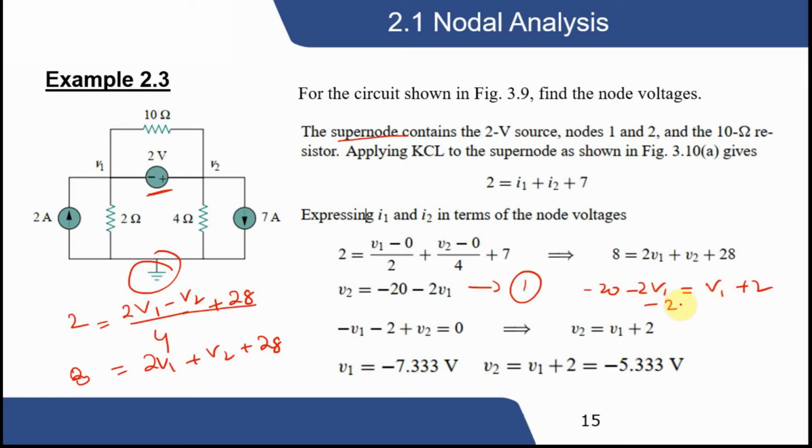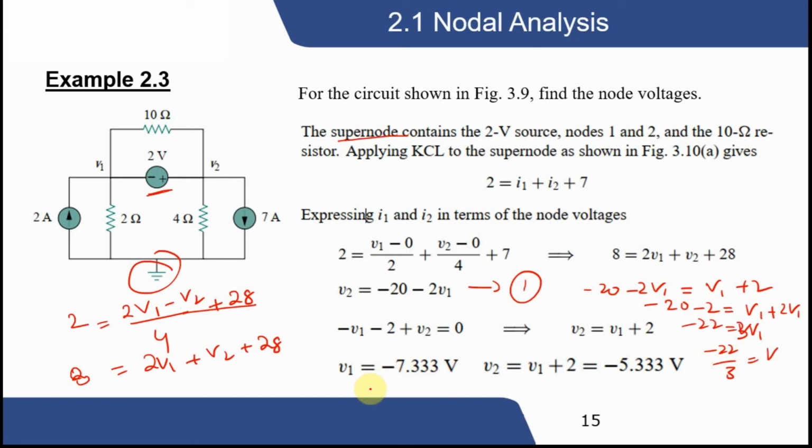Minus 20 minus 2 equal to V1 plus 2V1, and then we have minus 22 V equals 3V1, and then minus 22 divided by 3 is equal to V1, which equals 7.33.